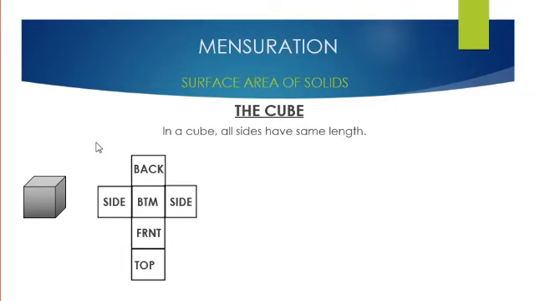Now, having that all these shapes that are squares have got the same length, we can find their area. In short, we take it as a 2-dimensional figure. There are 2 dimensions here.